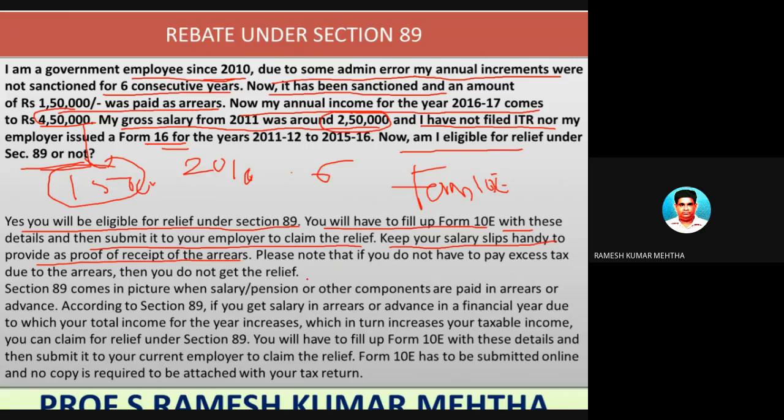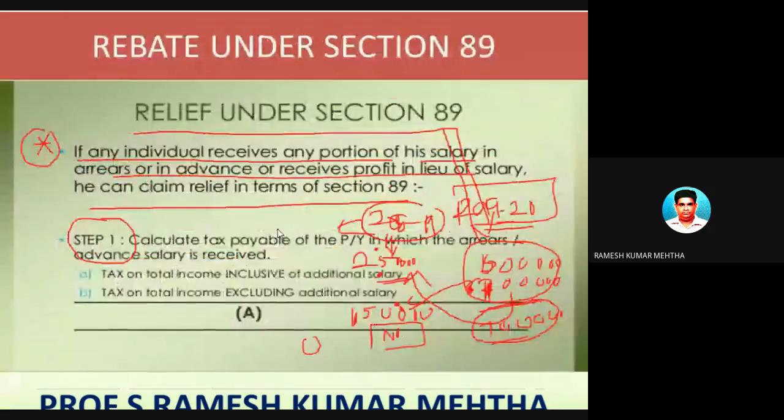So this is the way you can claim rebate under section 89 for arrears of salary received in the current year, or advance salary of the current year, advance salary received of the next year, and any receipts in the form of profits in lieu of salary.